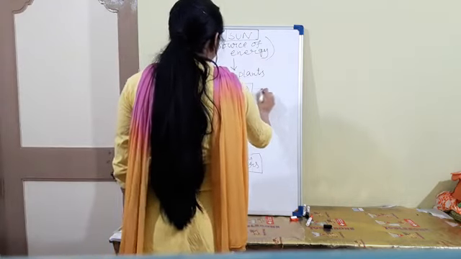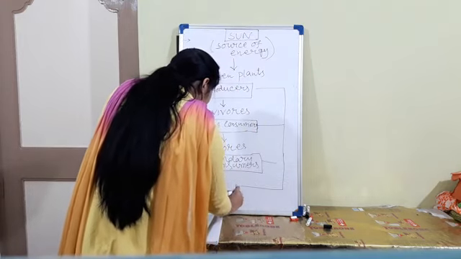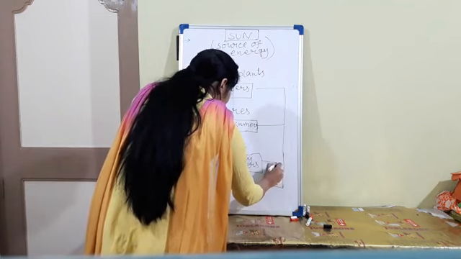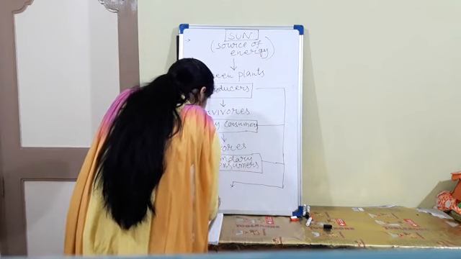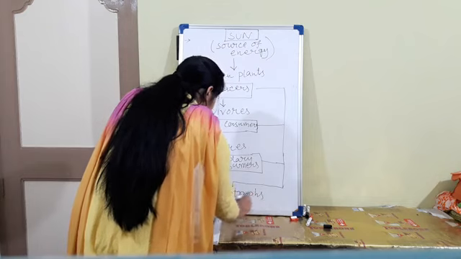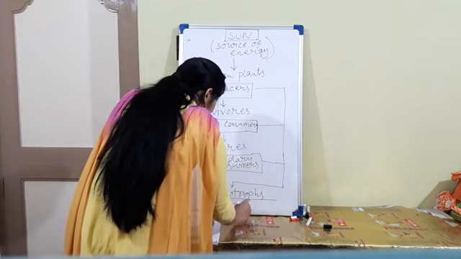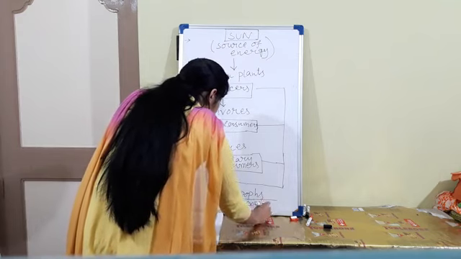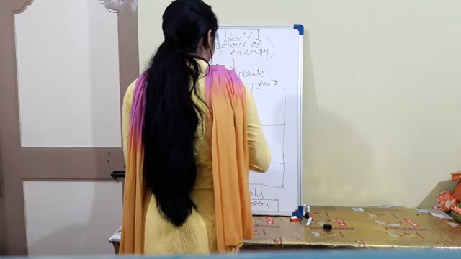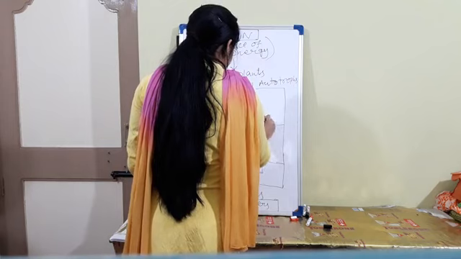All of them after death will be destroyed by the saprotrophs. They are decomposers. They are autotrophs, the plants. The herbivores are heterotrophs.